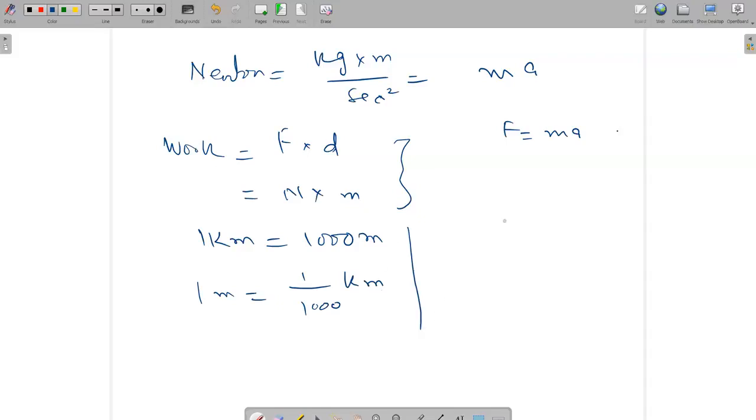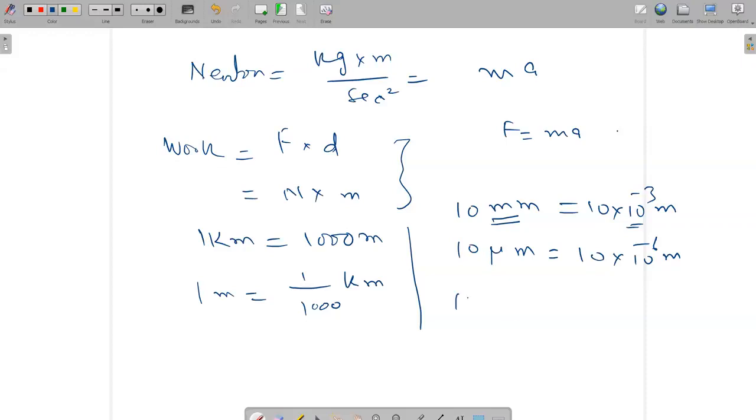Similarly, we discussed in the previous lecture that if we have, suppose, 10 millimeter, what will we do? 10 into 10 raised to power minus 3 meter, because milli means 10 raised to power minus 3. If it is written 10 micrometer, you can write 10 into 10 raised to power minus 6 meter. If it is written 10 nanometer, you can write 10 into 10 raised to power minus 9 meter.